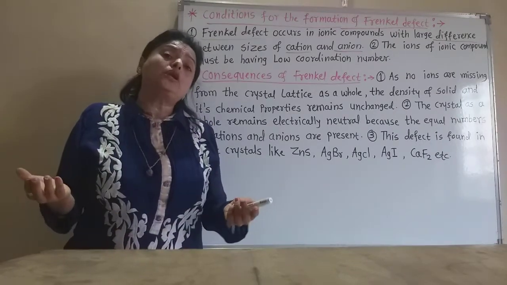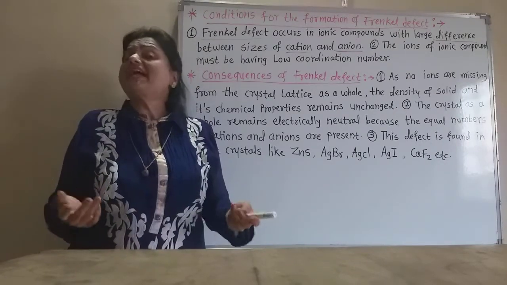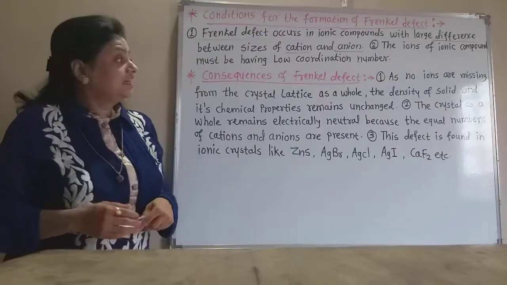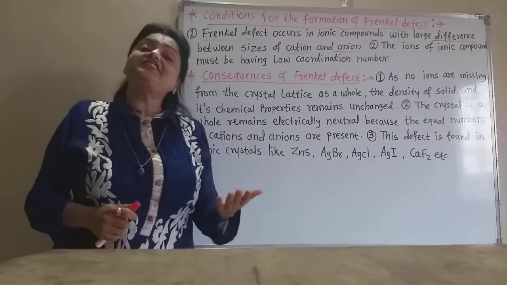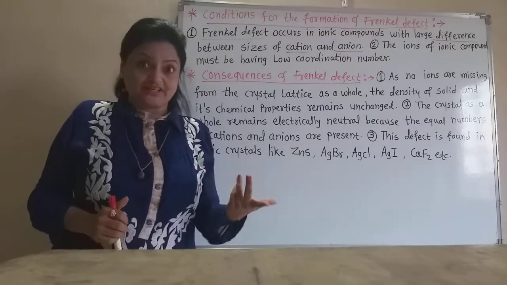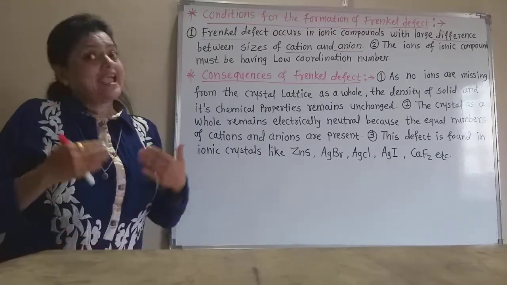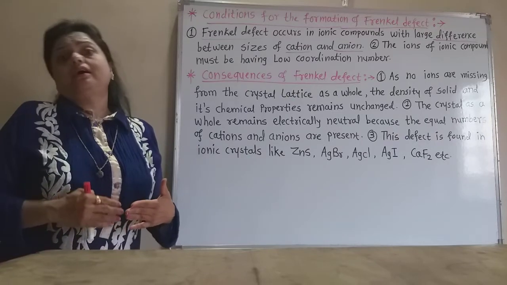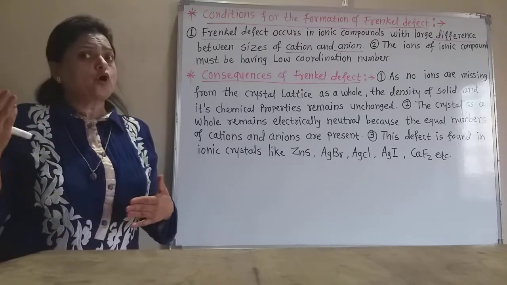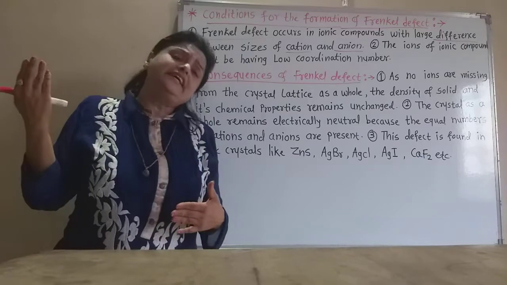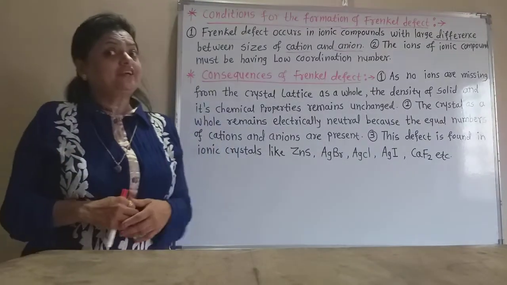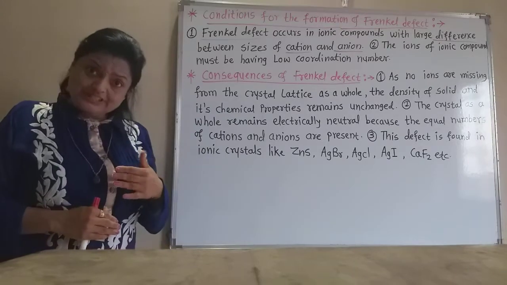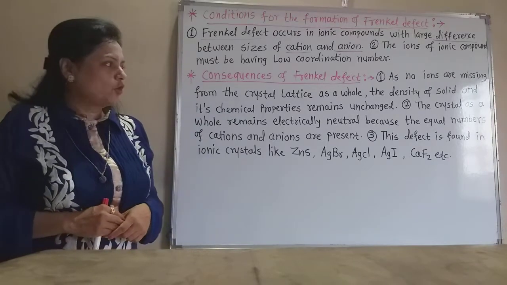So as a whole, there is no missing ion, and therefore the density of that solid remains unchanged, that means the same or constant. And again, as no ion is missing from the whole crystal lattice, its chemical properties also remain unchanged. This is the first effect or consequence.